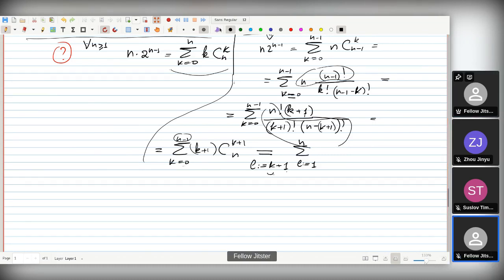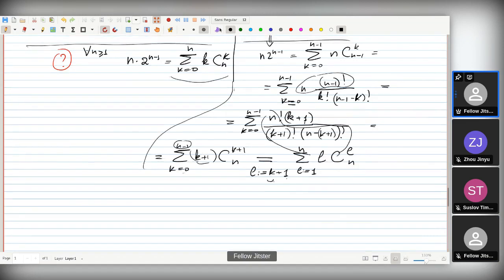Yes. But k plus 1 can be replaced by L here. And this is almost what we want. But here we have one more summand, for k being equal to 0. But this summand equals 0, of course.